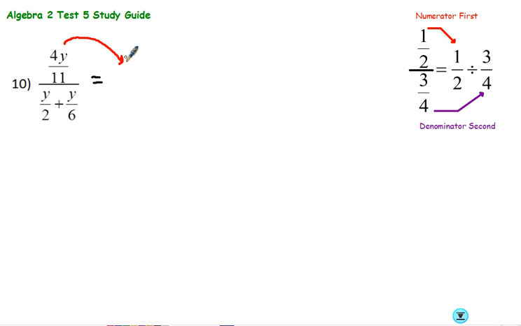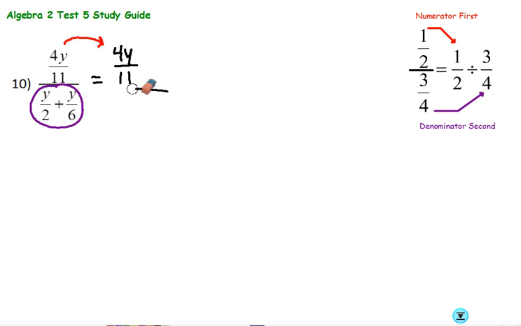So if I wanted to unstack that, again, the numerator is going to go first. So I would have 4y over 11. And then the denominator is going to go second. Now, you actually have two fractions in the denominator.